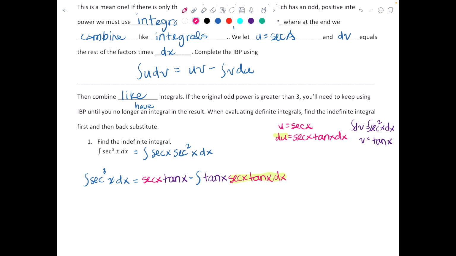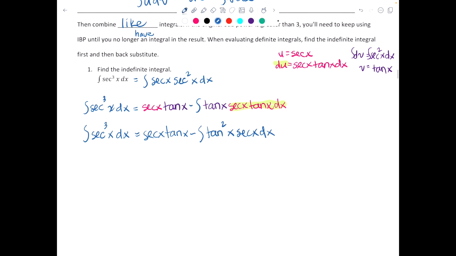Cool so far? Okay, so now we're going to have to do a little more work here. So inside that integral, do you see that we've got 2 tangent factors, and then we have the 1 secant factor, and then times dx. So we'll switch those tangent factors into secant squared minus 1.